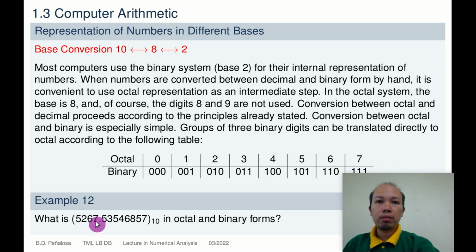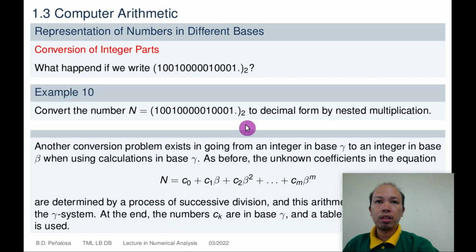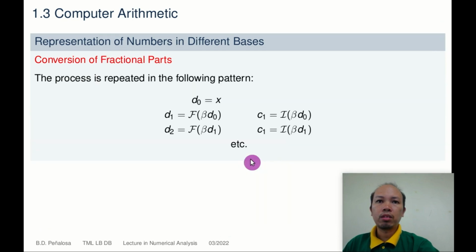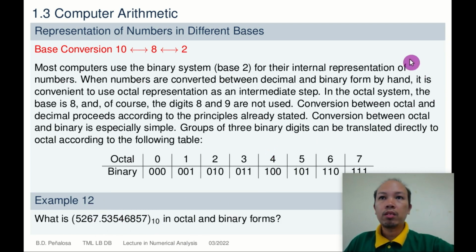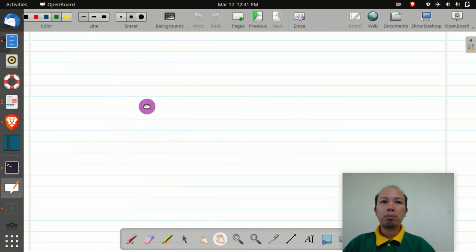So this one here, convert this using this method for the fractional part, and then for the integer part we use the division algorithm. Okay, so let's try solving this one here. Let's try a new page.